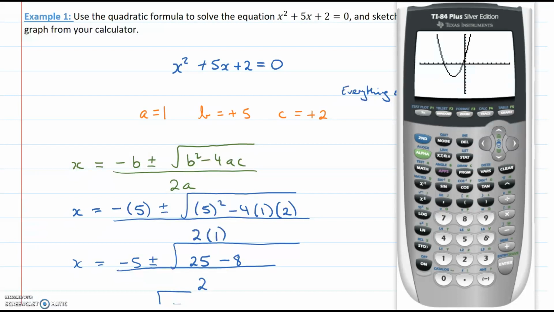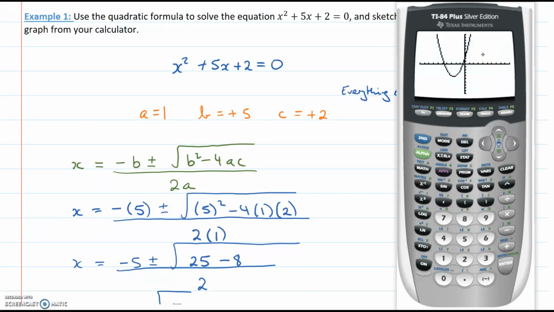Remember, solving an equation equal to 0 means finding where the 2 graphs intersect. One is the curve, the graph of the left hand side of the equation, and the second equation was the x-axis, equal to 0. So where does this cross the x-axis?